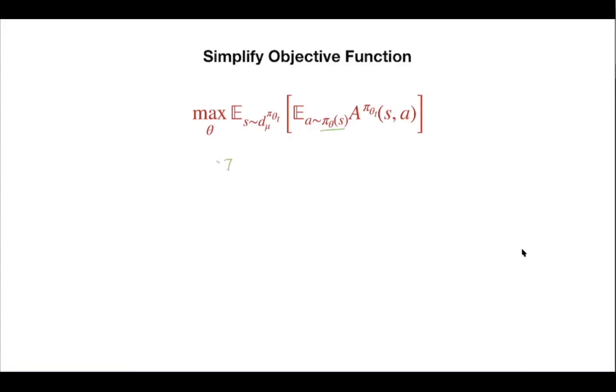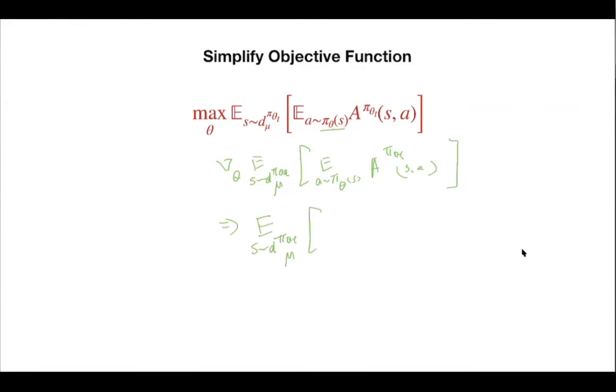So what is the gradient of this guy? Anyone want to try and give an answer? The same thing we described before, right? Last lecture, the gradient with respect to theta of ln pi theta(a|s) times the advantage A(s, a).